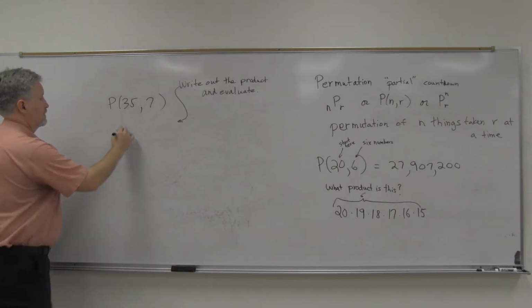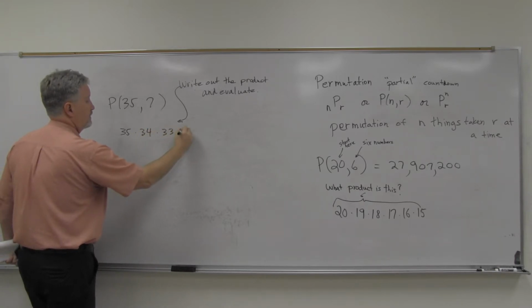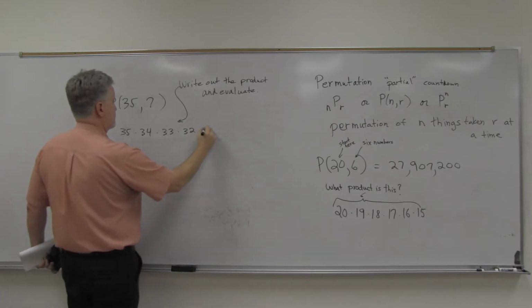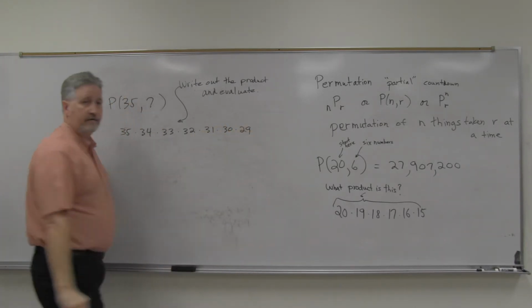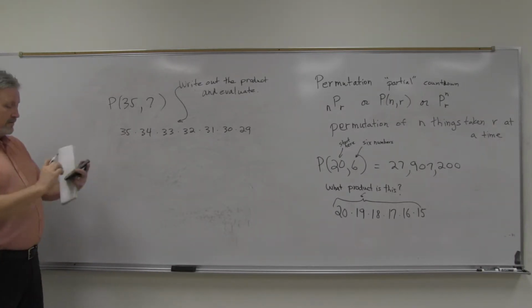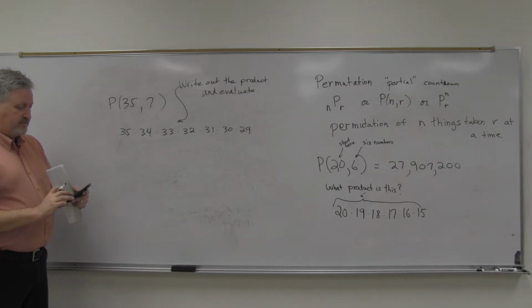35 times 34. 35, 34, till what? 33, 32, till I have 7 numbers? So I need 3 more, 31, 30, 29. Okay? Start at 35, get 7 numbers. Now, evaluating that, all right, so you go 35, nPr, 7.